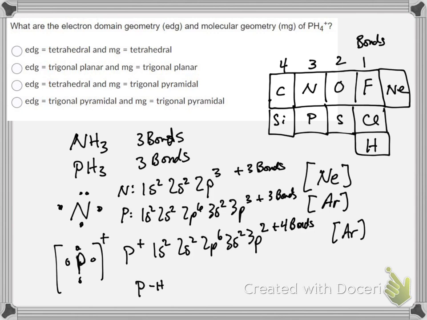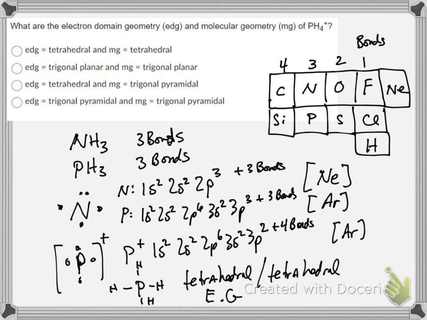With the positive charge, we build this molecule, which looks very familiar: a tetrahedron, just like all single bonded carbon atoms. Tetrahedral, with no lone pairs present because of the positive charge. Answer C would be true if it was neutral, if we were making PH3.